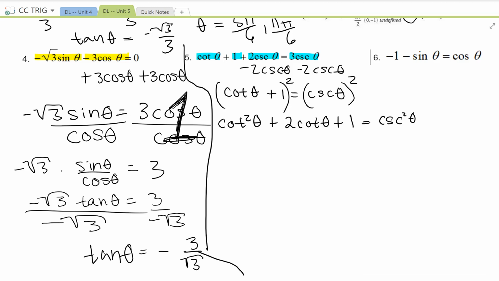Guess what? Cosecant squared theta, we can rewrite that as a cotangent. We could also rewrite this cotangent squared theta as a cosecant, but since we have a cotangent to the 1, that takes precedence. We're going to move everything to be a cotangent. So I'm going to subtract cosecant squared and then substitute the identity.